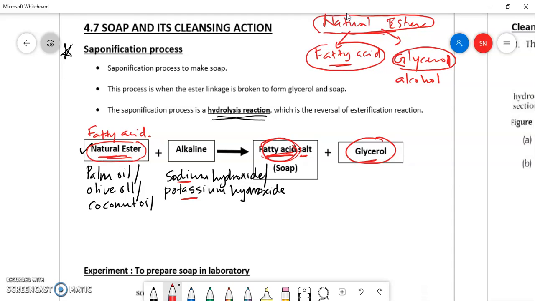All right, so let's look at an example. For example, if I have palmitic acid, I'm looking at palm oil. One of the key components of palm oil is palmitic acid.